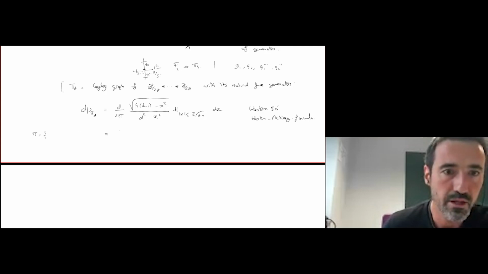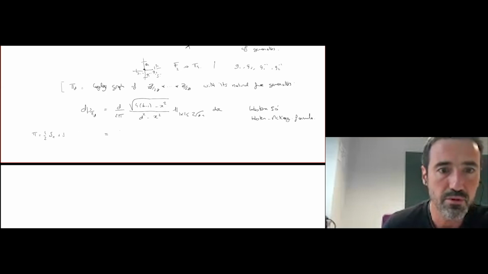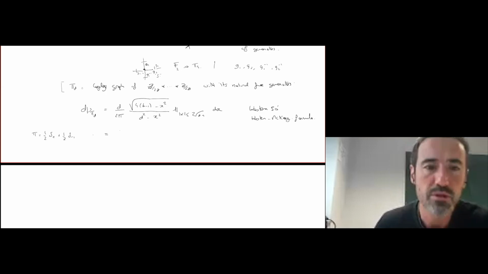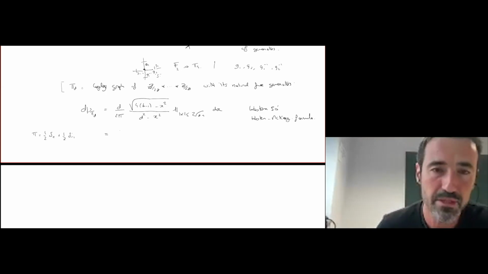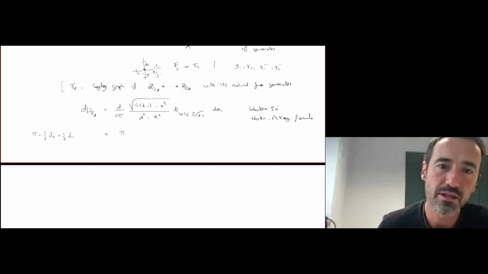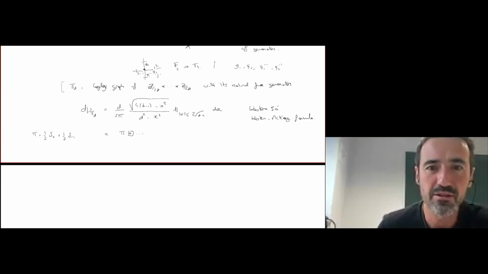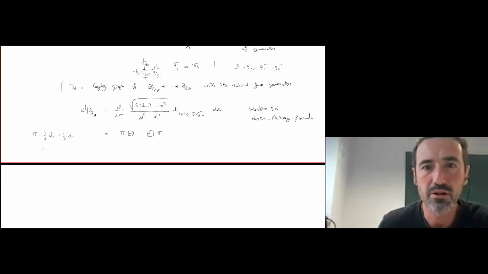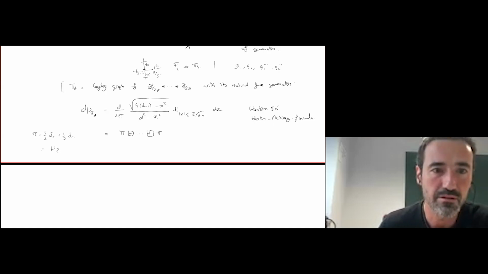If pi is one half of the Dirac mass at 1 plus one half of the Dirac mass at -1, a Rademacher distribution, then the spectral measure is the free convolution, taken d times, of pi, because pi is the spectral measure of Z over 2Z, as you can check.